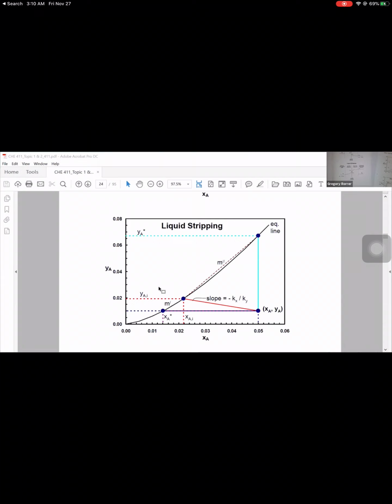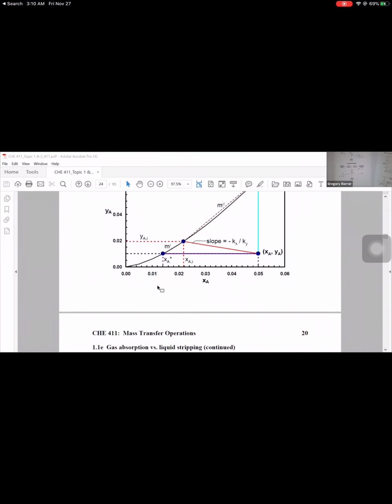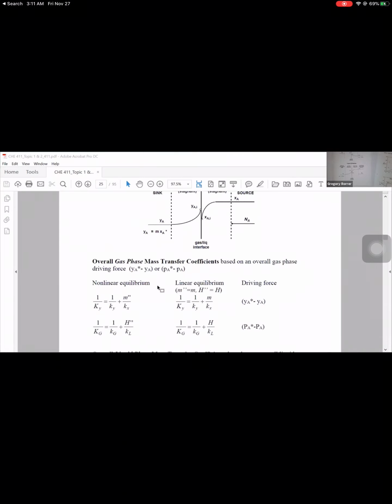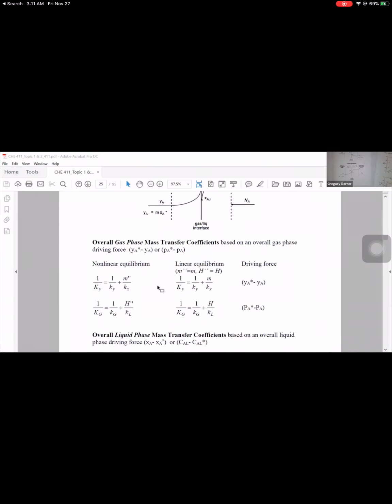But we definitely are not required to do that. It's just by convention. I won't go into the details here, but you can also define a consistent set of overall coefficients for liquid stripping.